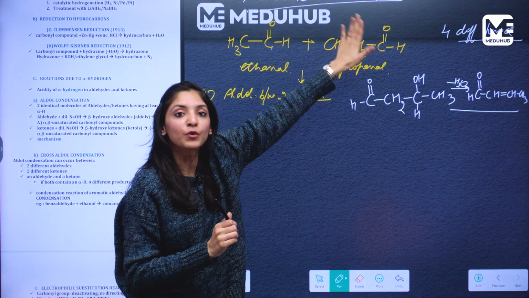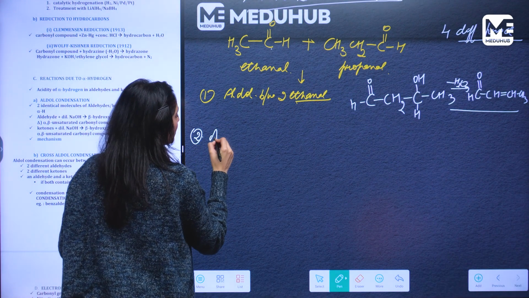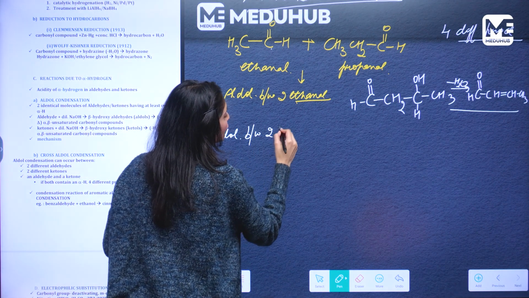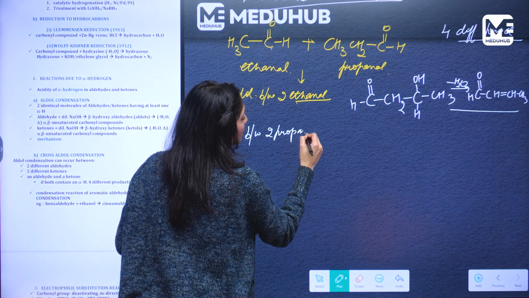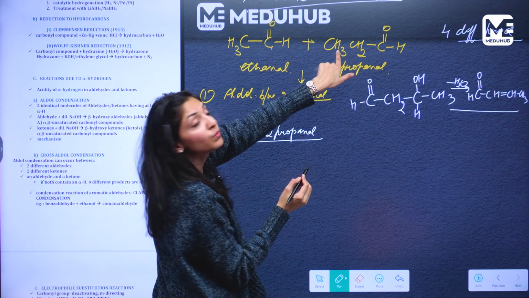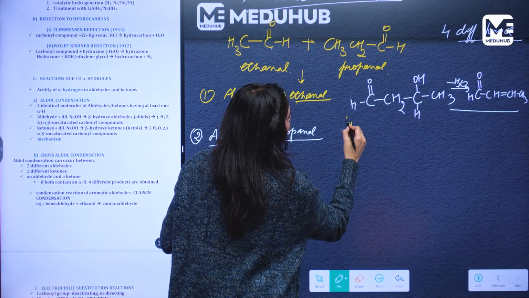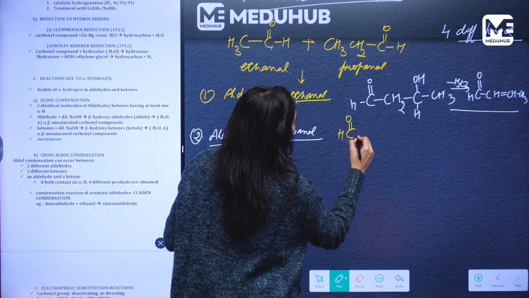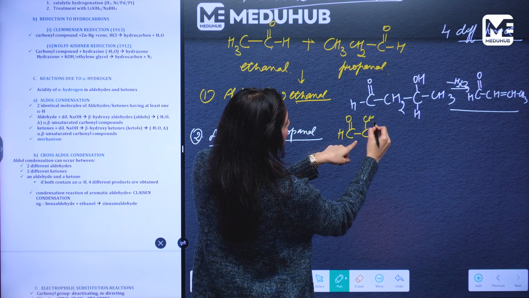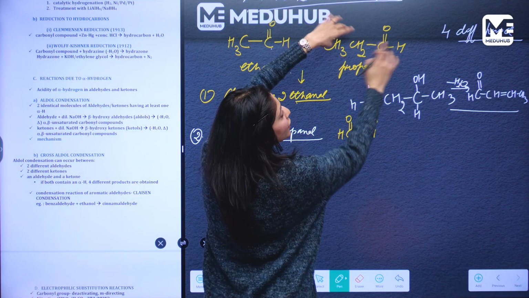Now two molecules of propanol can also have a simple aldol product. Second would be aldol product of two molecules of propanol. One molecule of propanol will lose an alpha hydrogen. So we will have, this is the carbonyl carbon. This will lose an alpha hydrogen, CH3 is attached here. This will attack the carbonyl carbon of another molecule of propanol here.